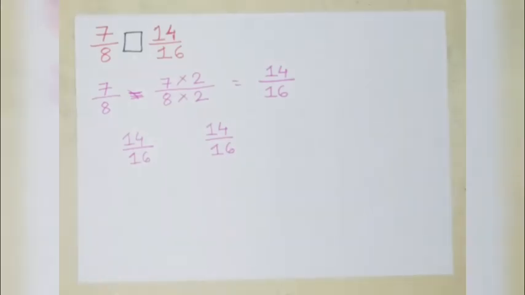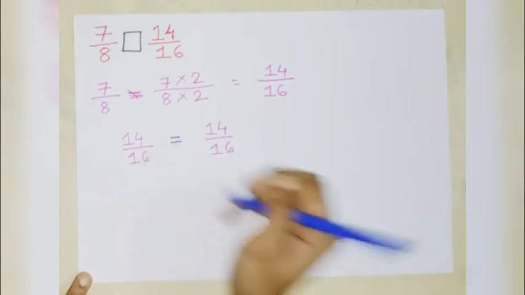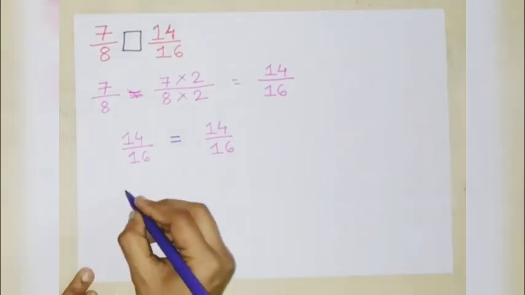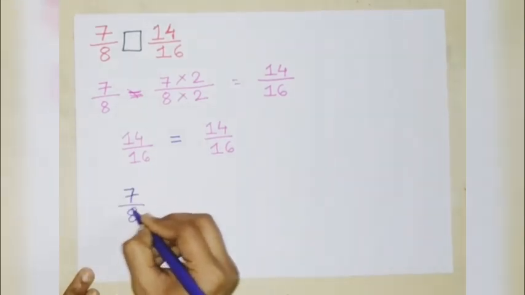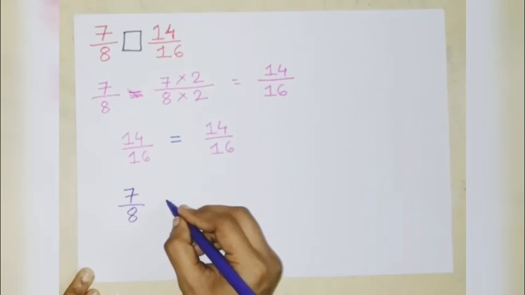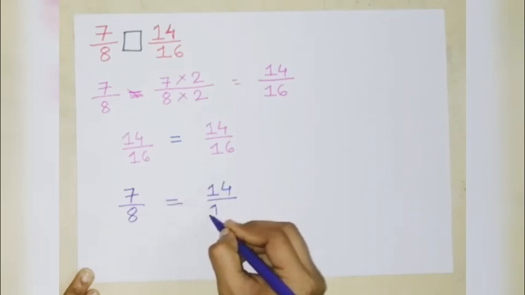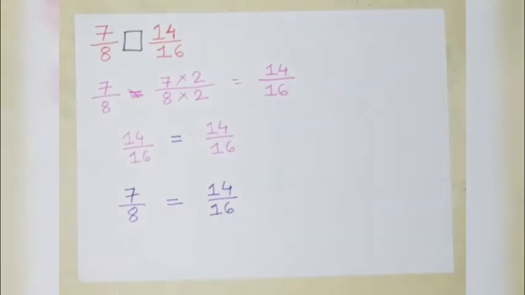So children, we can say that these are the equal fractions. In final, we will write 7 upon 8 is equal to 14 upon 16. Students, I hope you all understood this.